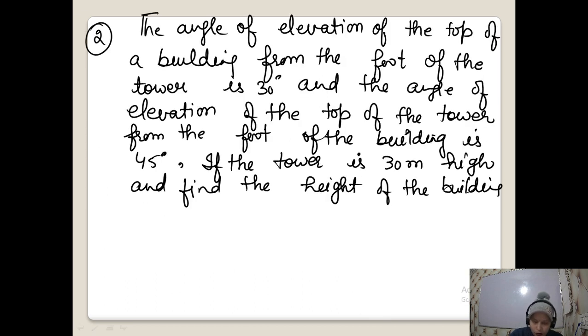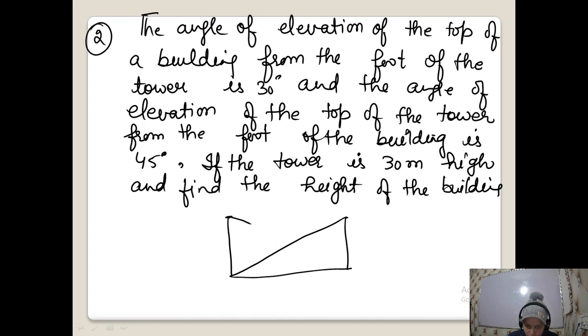And in the next question's diagram, you can draw two towers, tower 1, tower 2, and from one tower's top make an angle on the other tower's base, and from this tower we make another angle. Here the angle 30 degree it makes, here it makes 45 degree.